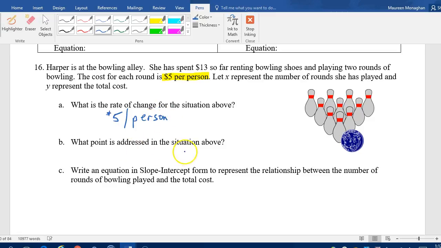What point is addressed in the situation above? Well, let's see, what do we have here?